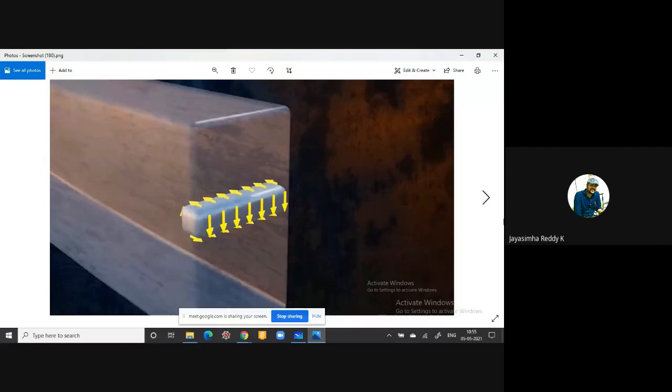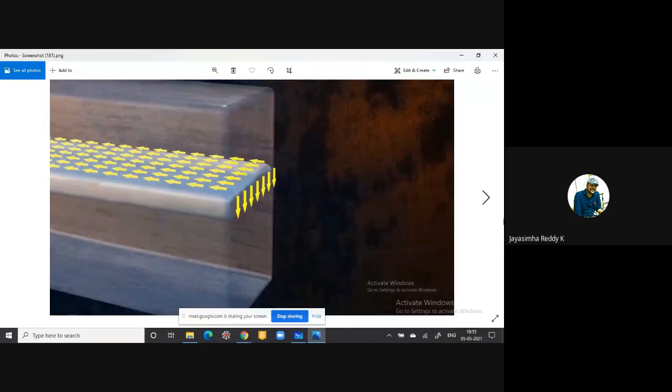Similarly, to stop this, there will be another shear stress like this. So there will be shear stress throughout the circumference of this small portion. Shear force will never come alone. Shear stress will accompany another complementary stress.